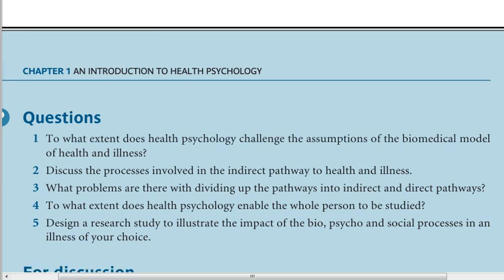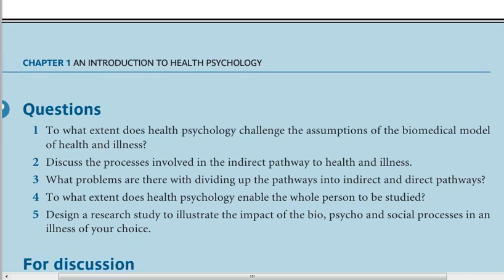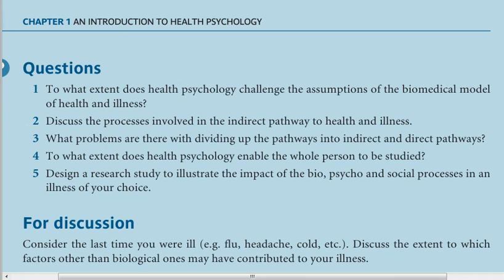The third question: what problems are there with dividing up the pathways into indirect and direct pathways? The fourth question: to what extent does health psychology enable the whole person to be studied?